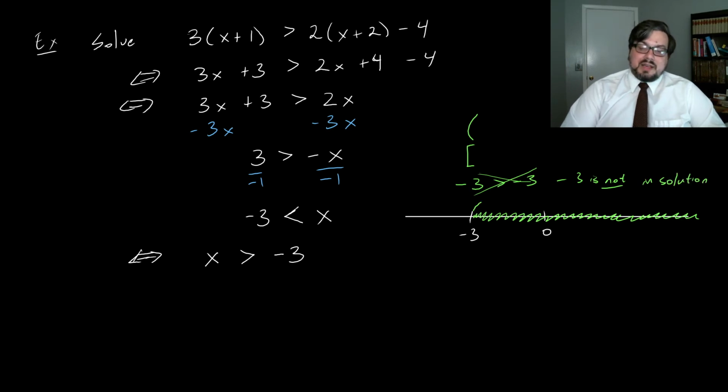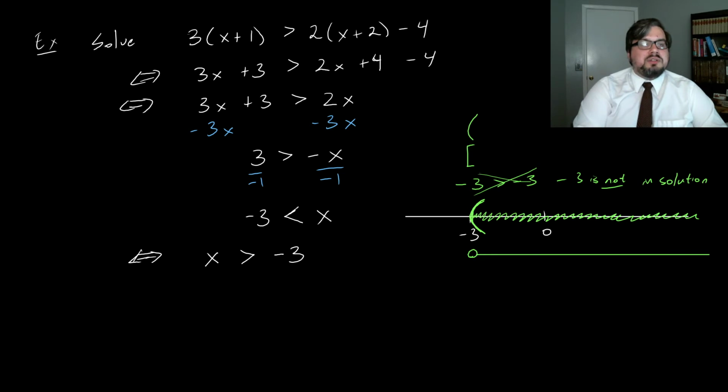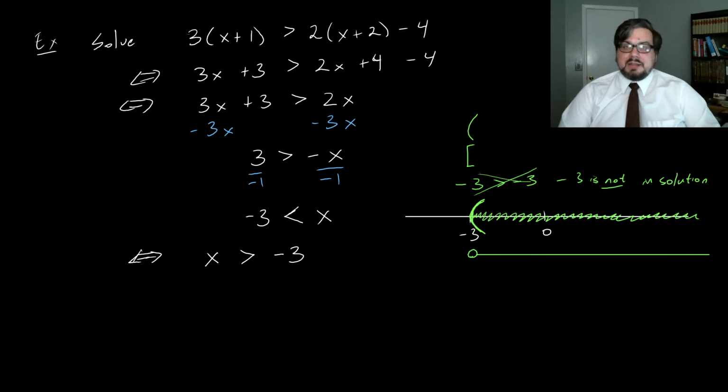We indicate that by using a parenthesis, or in other texts, other classes might use the open circle to indicate that the solution includes all numbers bigger than negative 3. So it includes negative 2.9, negative 2.999, negative 2.99999999999, but it doesn't include negative 3.